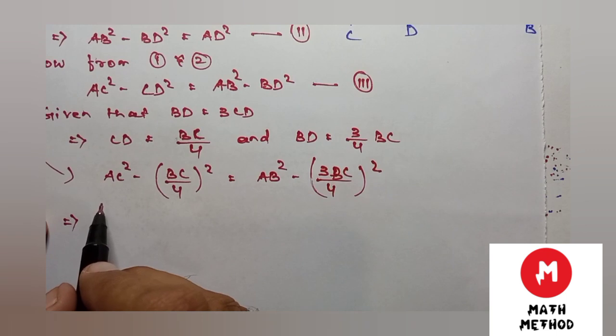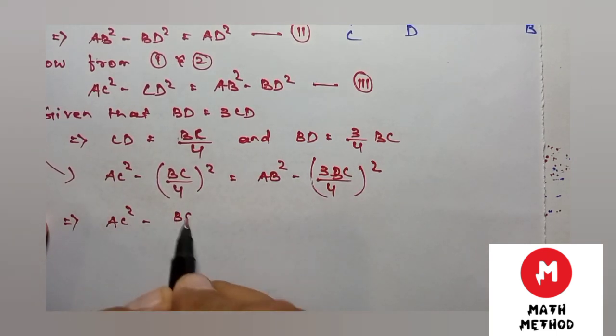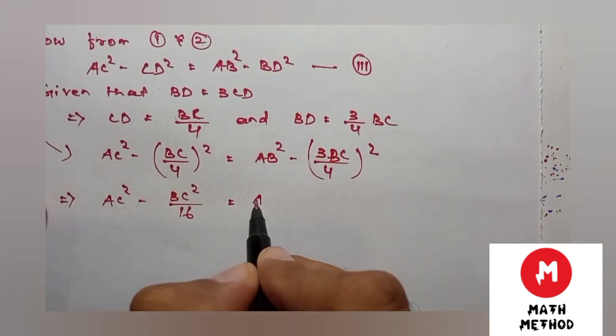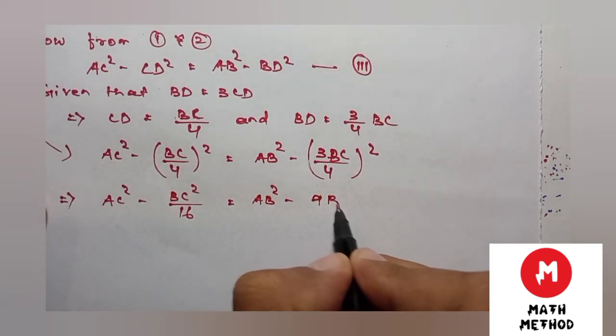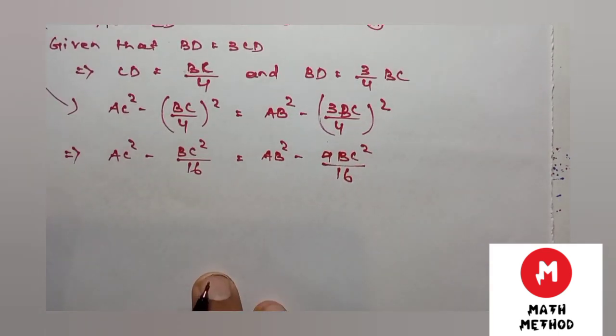This implies AC square minus BC square upon 16 is equal to AB square minus 9 BC square upon 16. Clear?